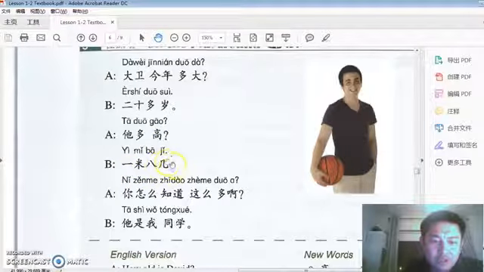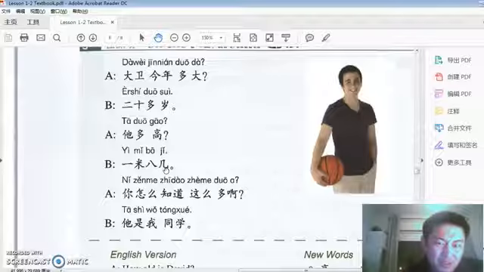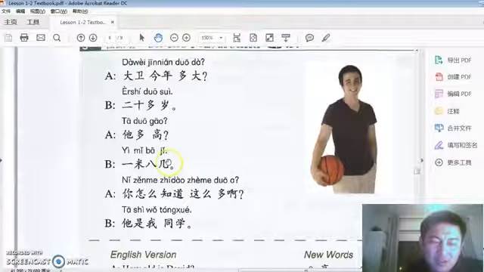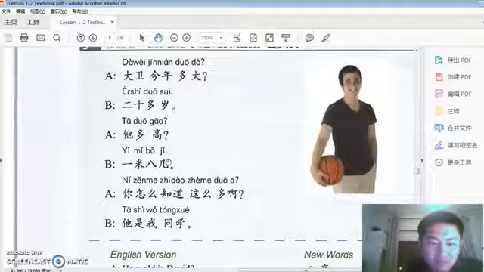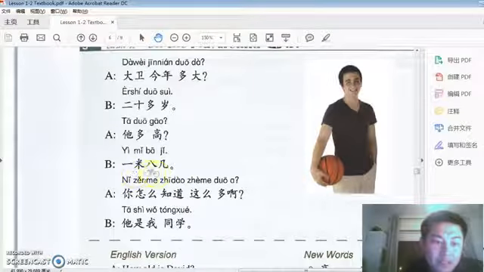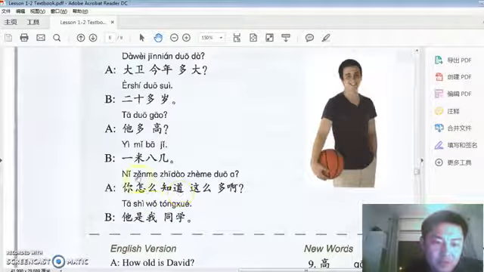Oh, 几 sometimes is used as the word 多, just means plus, because 几 is several, 多 is more. So that means pretty much the same thing. And 几 is maybe less than 多. That's the only difference I can think of. 1.8几 means 180 plus. And then A says 你怎么知道 怎么 how. 怎么样 means how about.